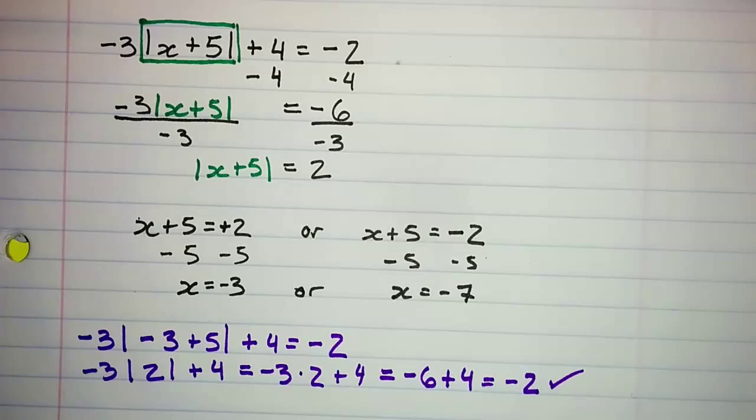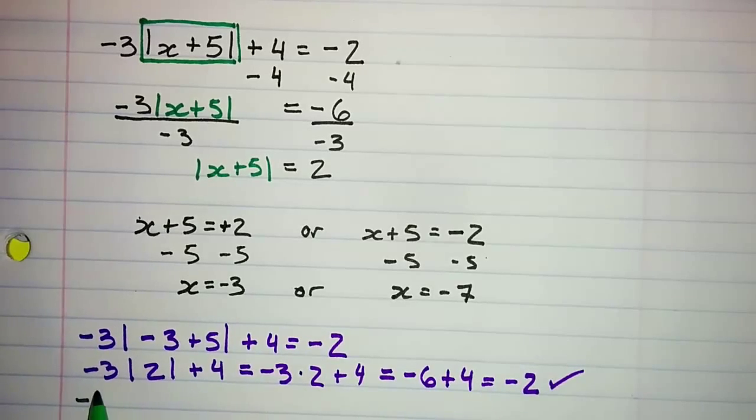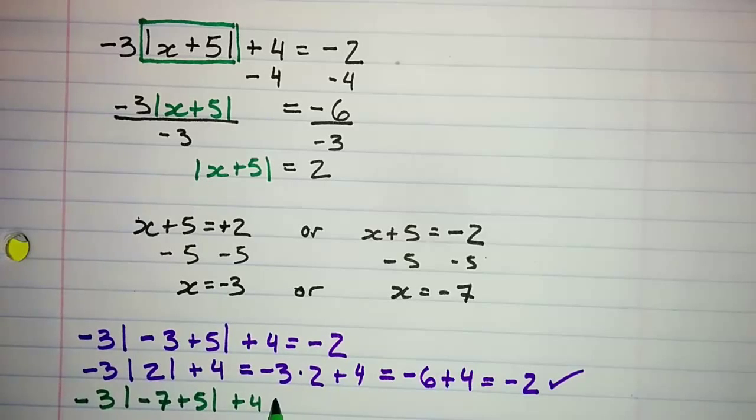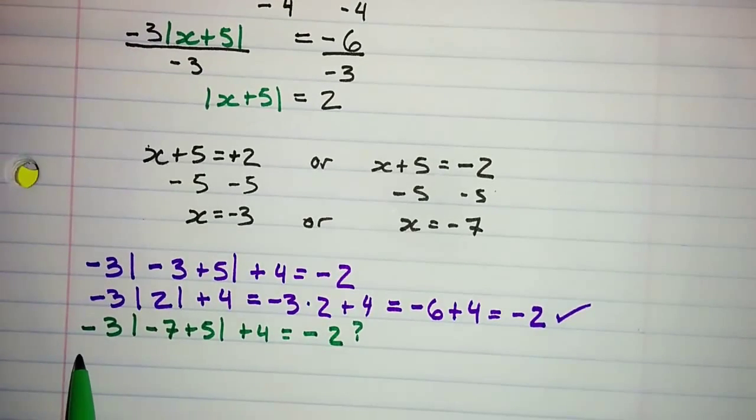Now I'll check my other solution. -3 times the absolute value of -7 plus 5, plus 4. I want to see, does it equal -2? Well, let's see.